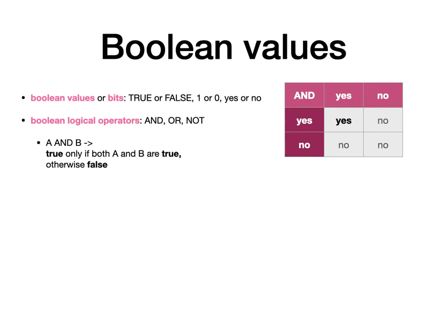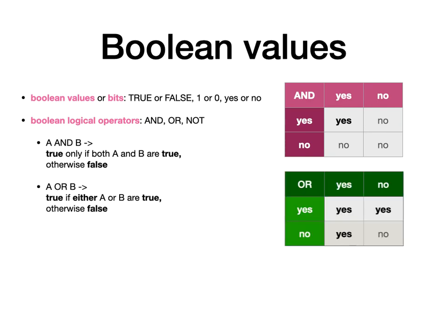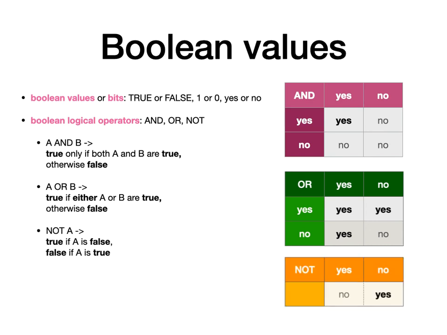Otherwise, it's false. I need both of these to satisfy the conditions. Whereas "or" means either A or B can be true to satisfy my conditions. And "not" just inverts whatever my current condition is. So if I'm true, turn it false. If it's false, turn it true.